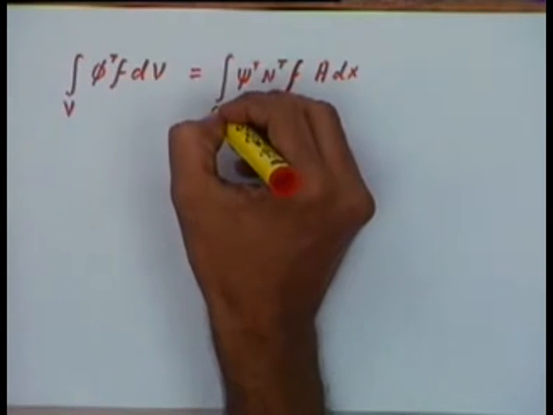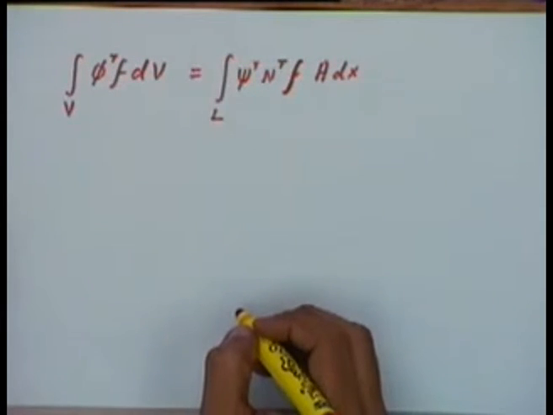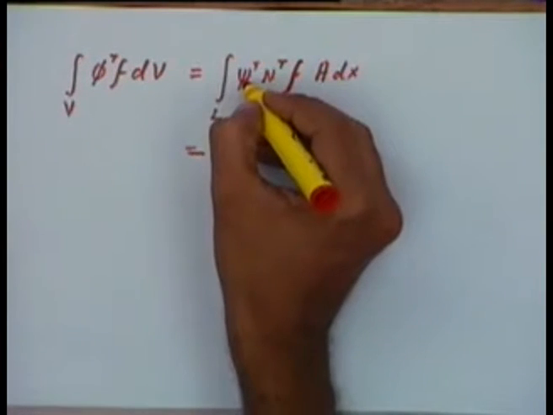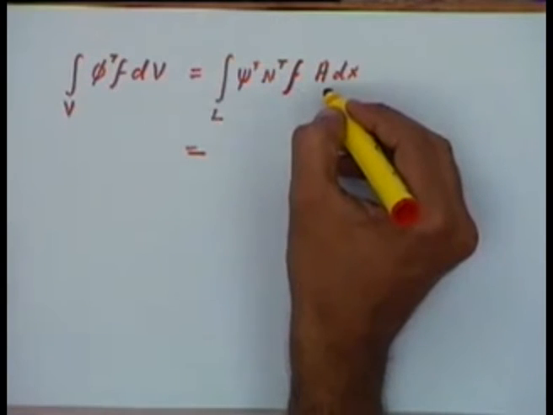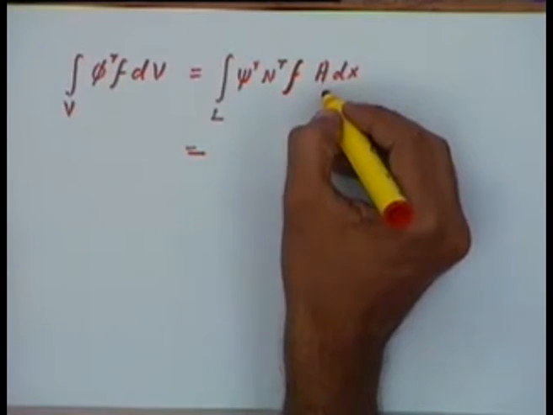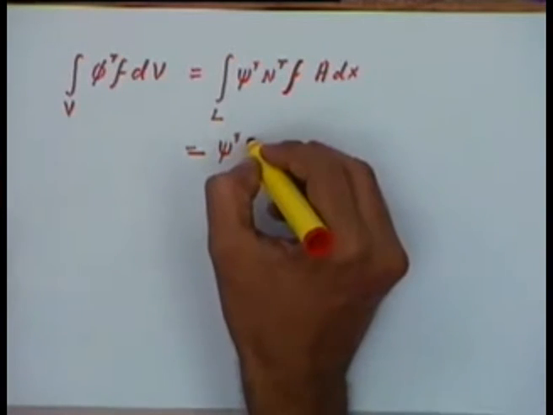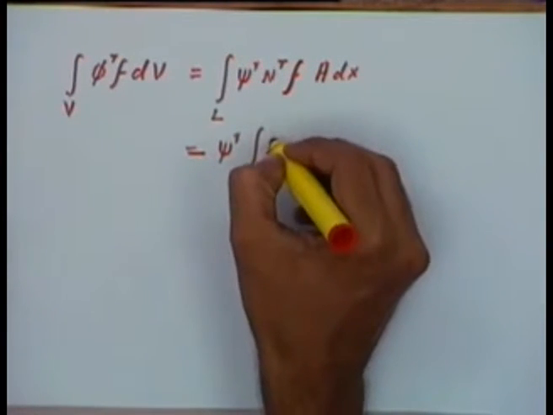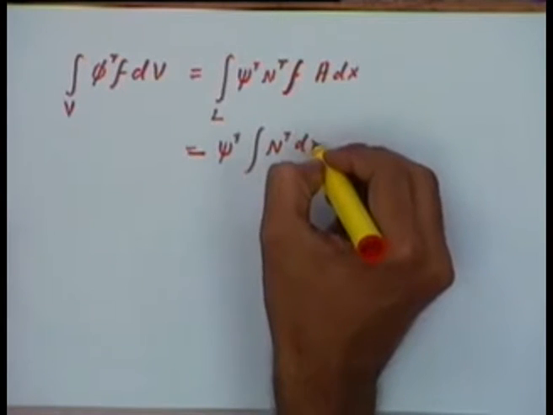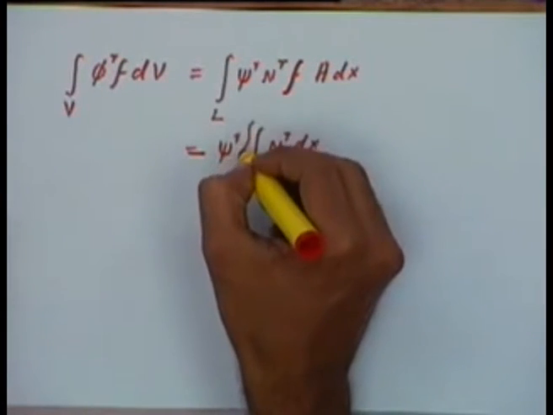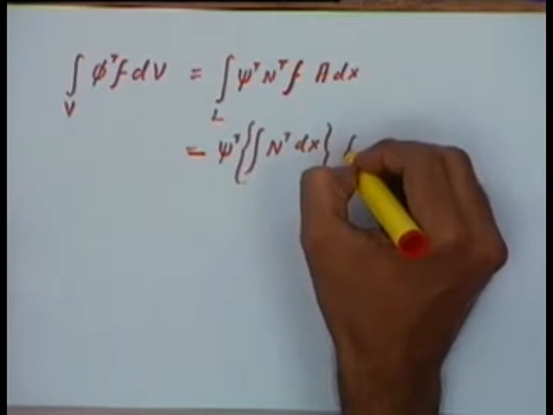And again now this integral will be over the length of the element. So this will be equal to, psi transpose is a constant, F is a constant, A is a constant. So this integral will give me psi transpose into integral of n transpose dx, and this whole thing is multiplied by F and A.